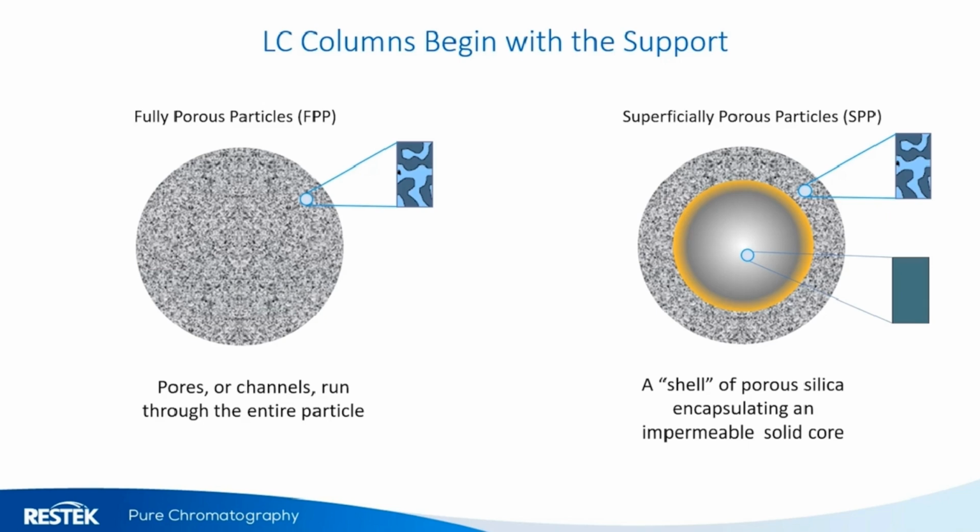Fully porous particles, as the name implies, have pores or channels that run through the entire particle, whereas a superficially porous particle has a shell of porous silica around an impermeable solid core. The benefit to that is you can get the efficiencies of a smaller particle, but with the back pressure of a larger particle.